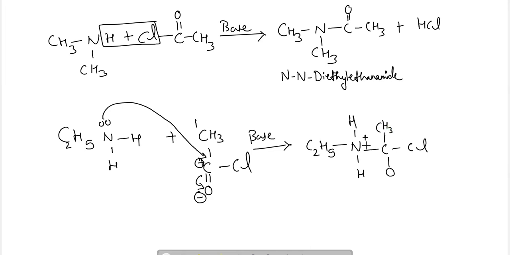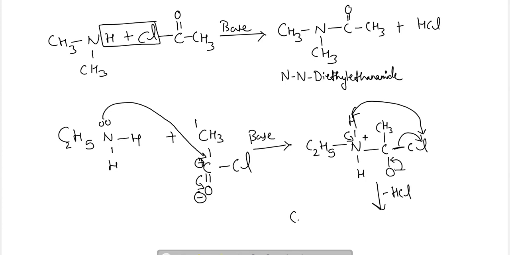Further, as the positive charge is present on the nitrogen, electron density decreases on the carbon, and the chlorine is removed. The negative charge on oxygen is donated to the carbon atom to form the amide group, and the removal of HCl takes place. This H and this Cl add up with each other to form HCl.